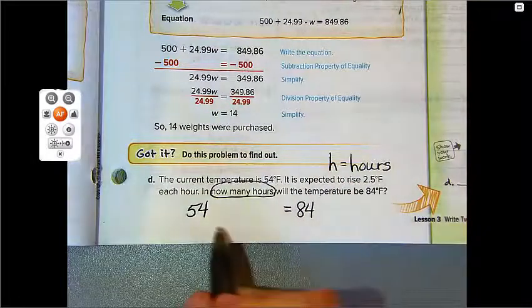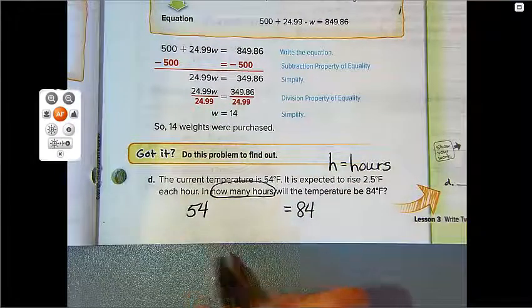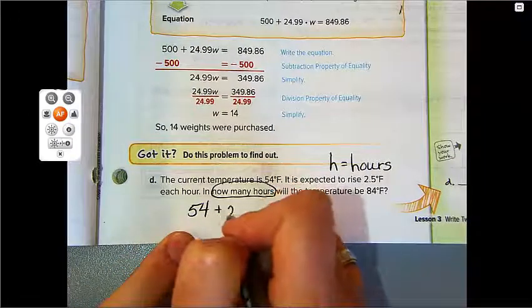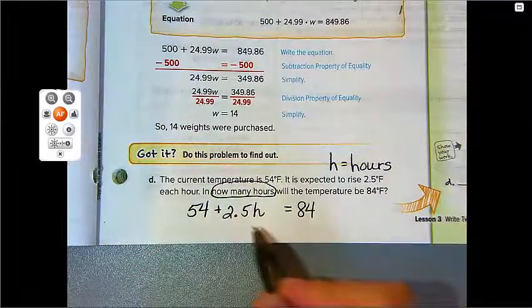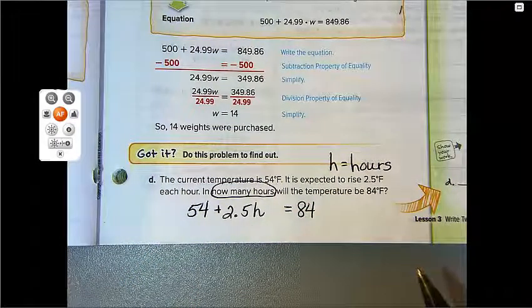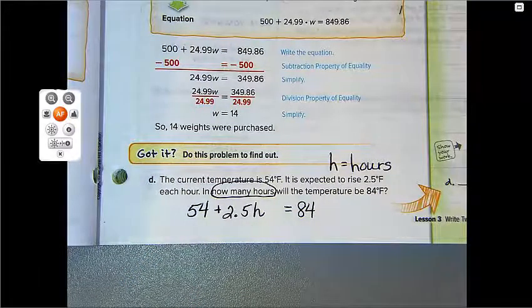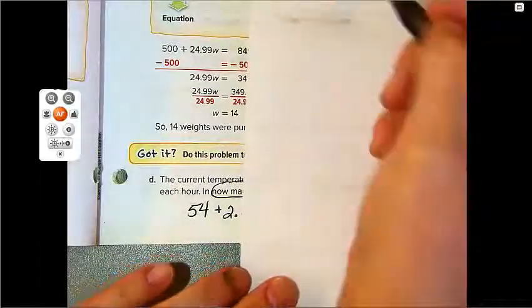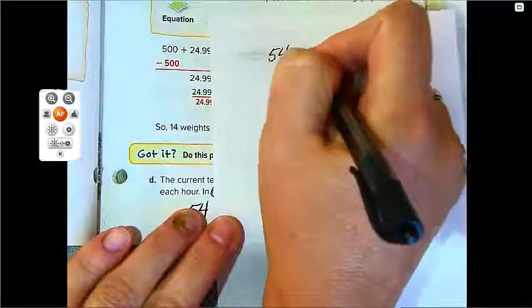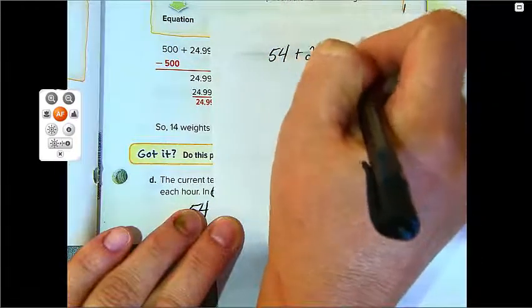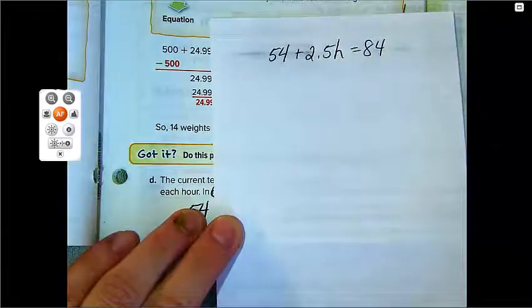I start at 54 and it's rising 2.5 degrees per hour. And I don't know how many hours it's going to take for it to get to 84. But here's my equation. I'm going to go ahead and solve that on a separate sheet of paper. So I have 54 plus 2.5h equals 84.